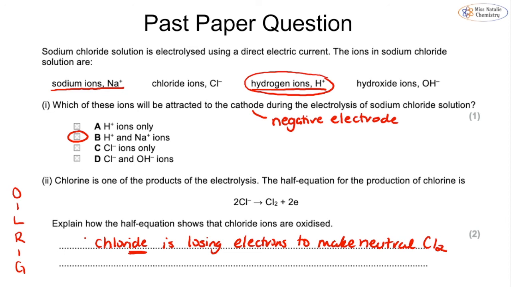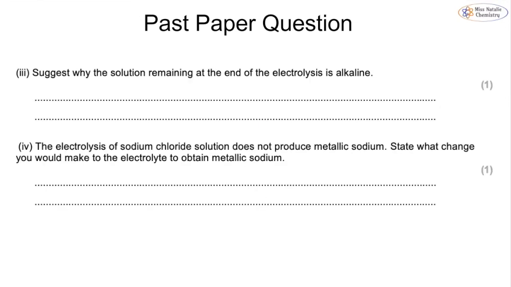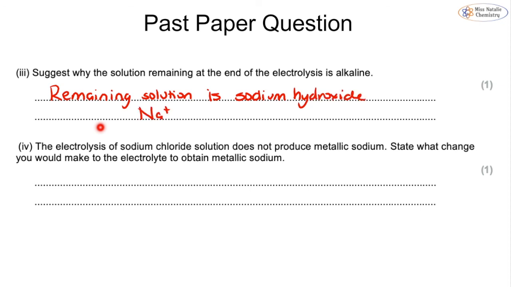We've already been told that chloride reacts to form the chlorine, so what is left over is the Na+ and the OH-. So that means our remaining solution is sodium hydroxide, because it contains Na+ ions and OH- ions.